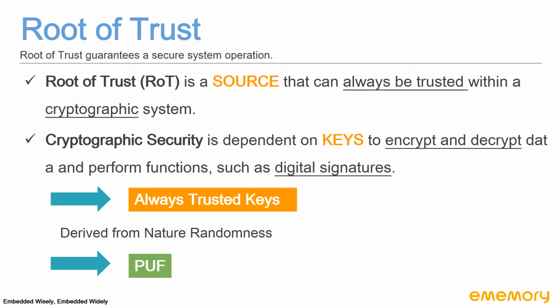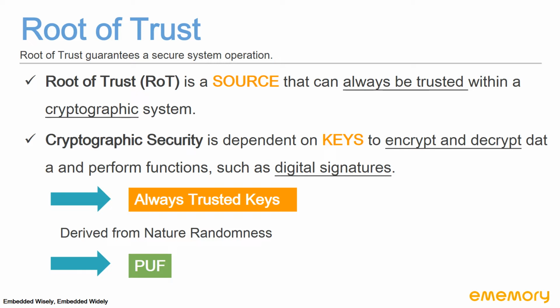So what kind of key can always be trusted? The answer is a key generated or derived from natural randomness in a chip. By doing this, no algorithm and no human theft can cause the leak of the key.